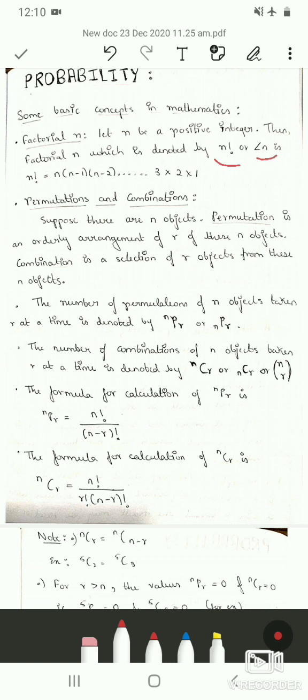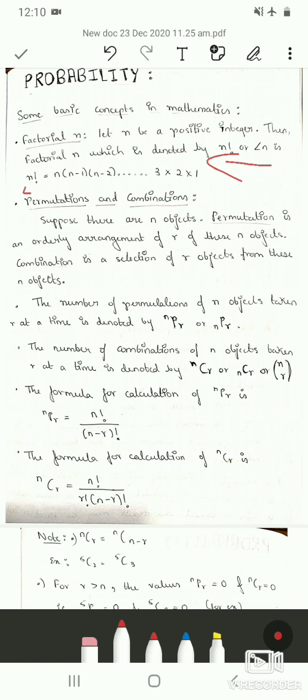You can even denote factorial n by this symbol, and it is read as n factorial. So n factorial is equal to n into n minus 1 into n minus 2, and so on till 3 into 2 into 1. This is an important step for simplifying a given factorial number.